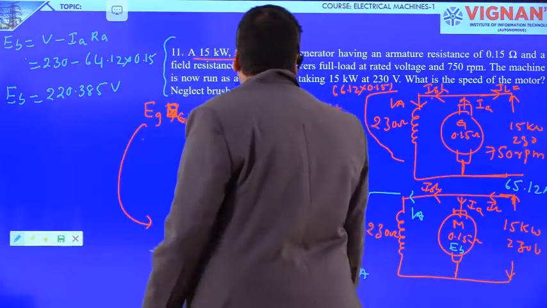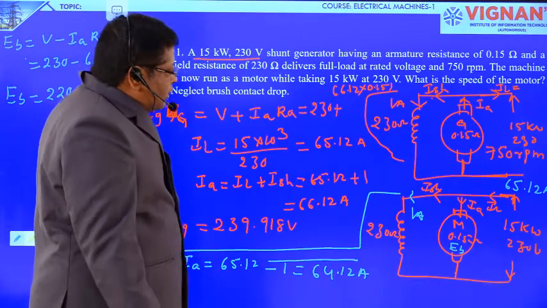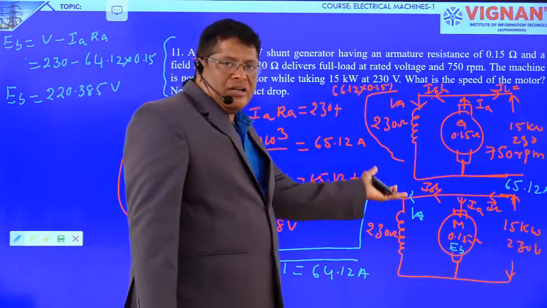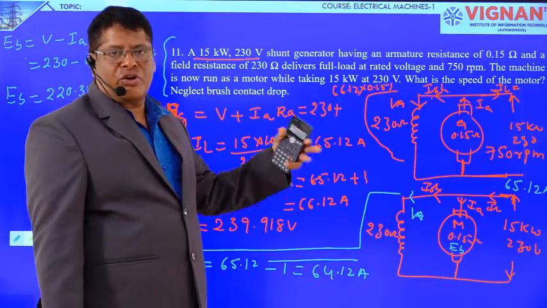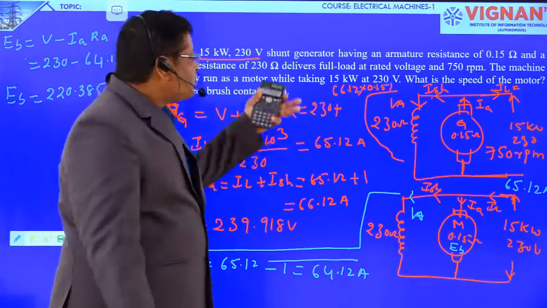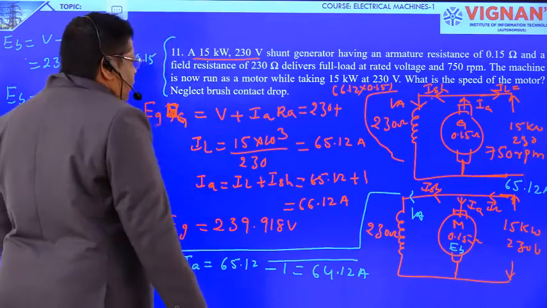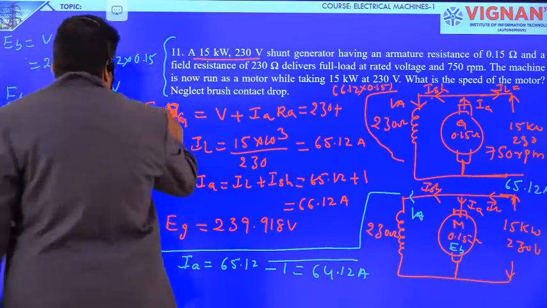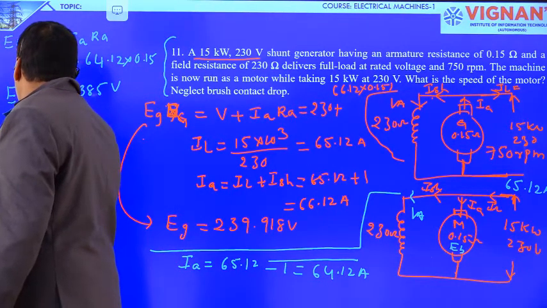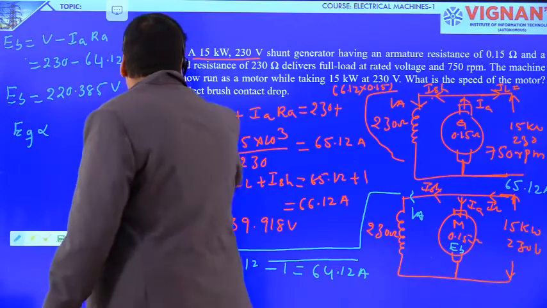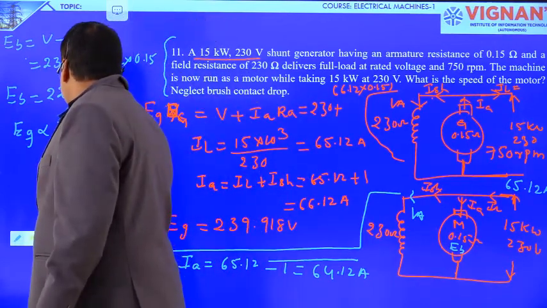But here the machine is a shunt machine. Even though the machine is operating as a motor or a generator, it is taking the same amount of field current. The flux is constant. Once the flux is constant, see here, EG is directly proportional to the speed of the generator, that is 750.